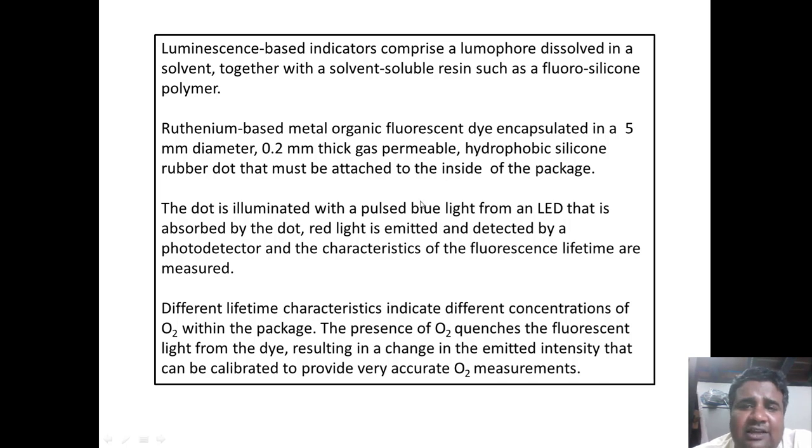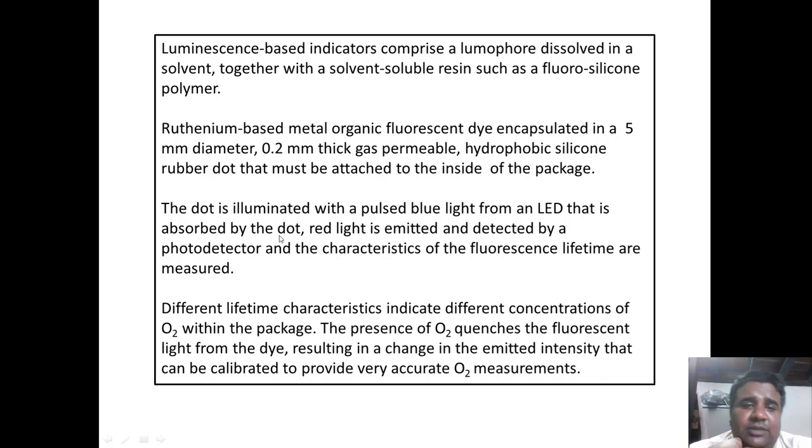We expose it to an LED light. The dot is illuminated with a pulsed blue light from the LED that is absorbed by the dot, and red light is emitted and detected by a photo detector, and the characteristics of the fluorescence lifetimes are measured. So basically there is a ball with a dye, we expose that ball to LED light, and then it starts emitting red color.